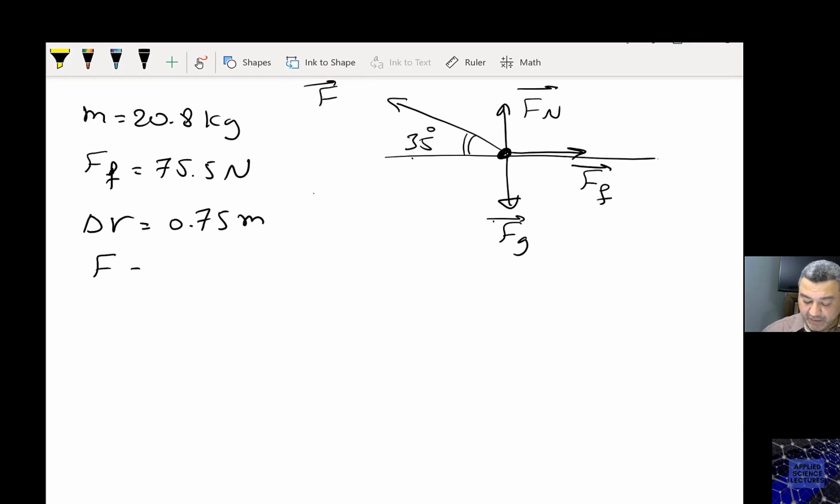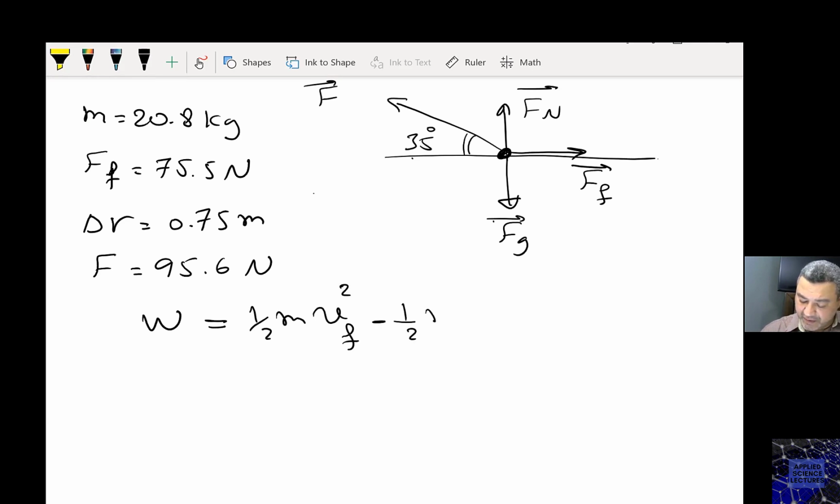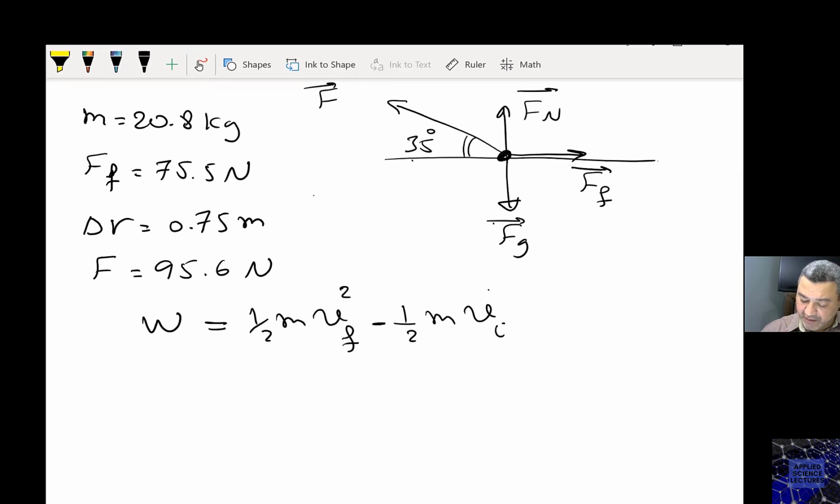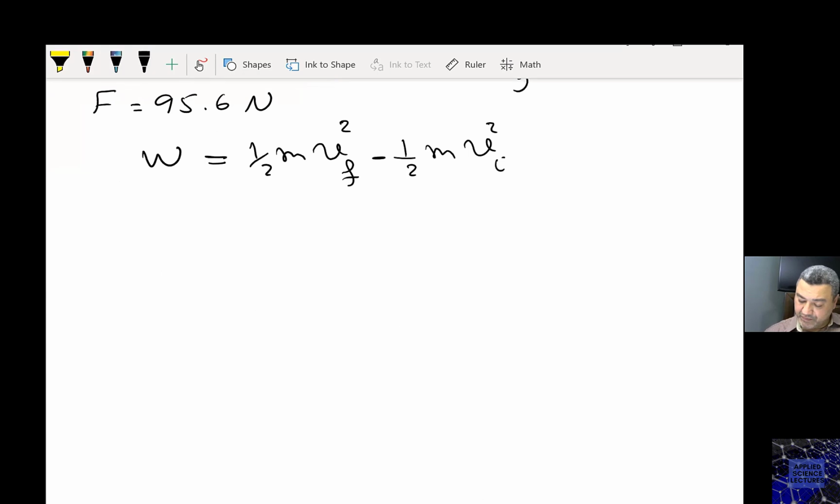And that equals 95.6 Newton. Okay, so if we use the energy theorem, we have W equals to half m Vf squared minus half m Vi squared.